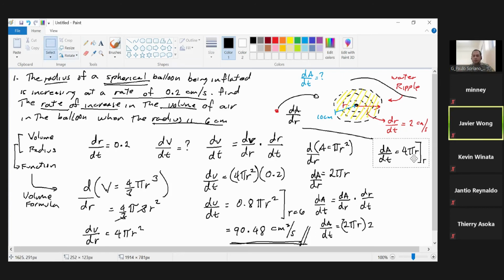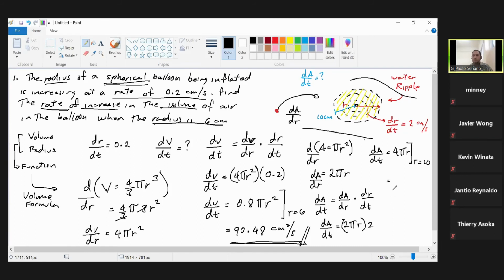When r is 10, what will be our answer here? 40 pi, or in decimal, 125.66.